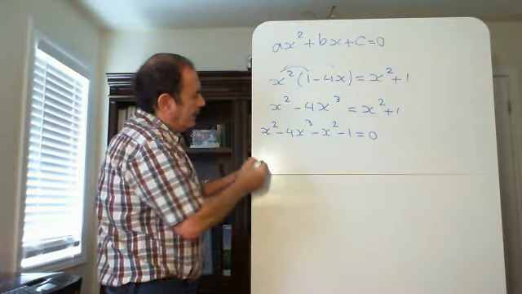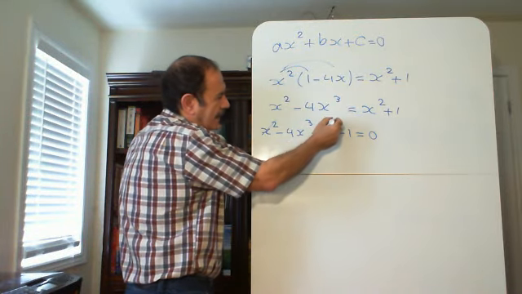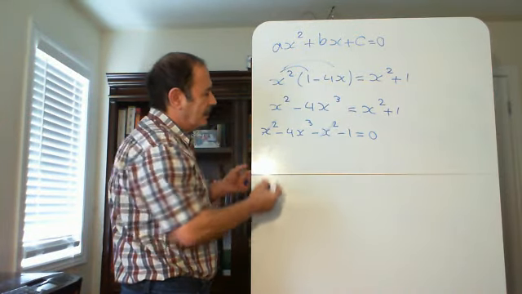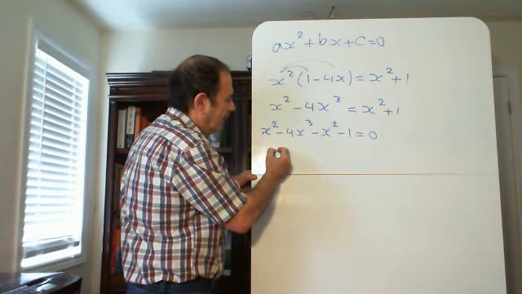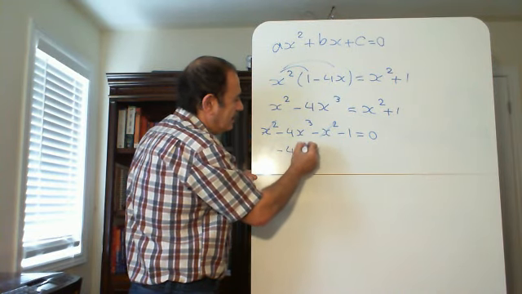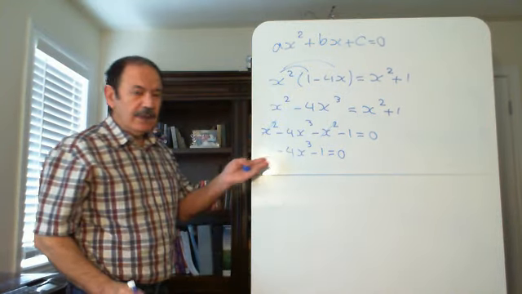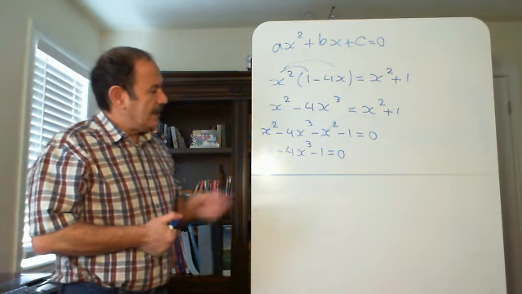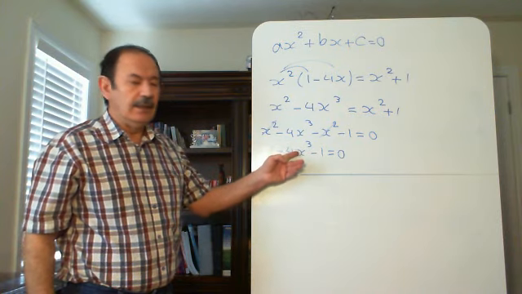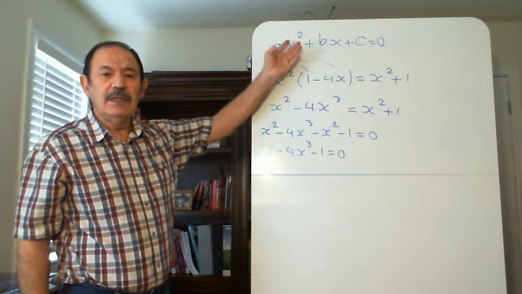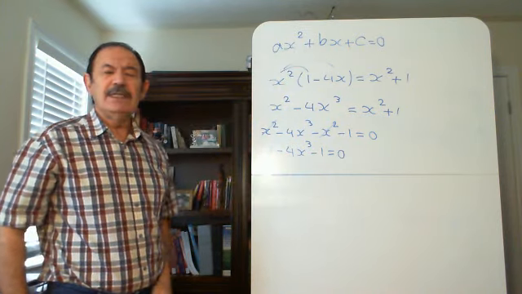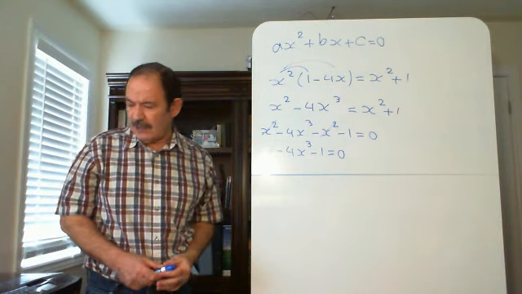Right? Now this positive x squared and negative x squared cancel each other. What is the remaining part? Minus 4x cubed minus 1 equal to 0. And if you look at this, what is the degree of x? It is 3. But the degree of x should be 2. So it means this one is not a quadratic equation.